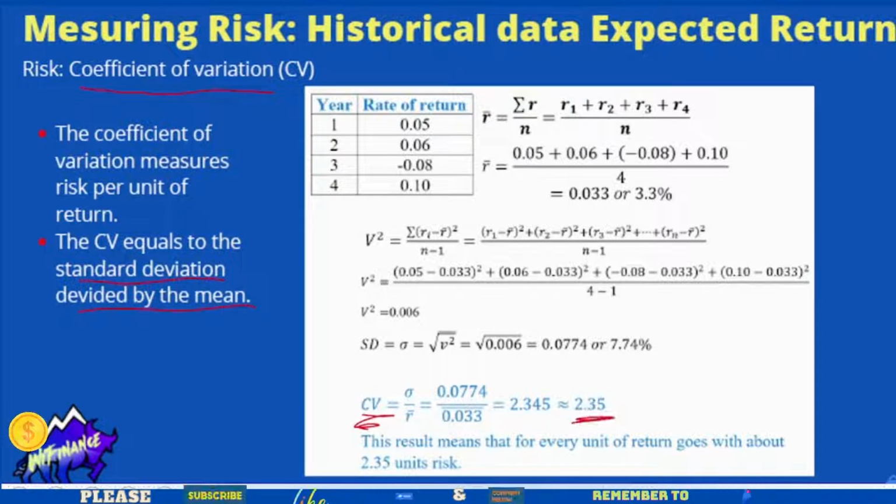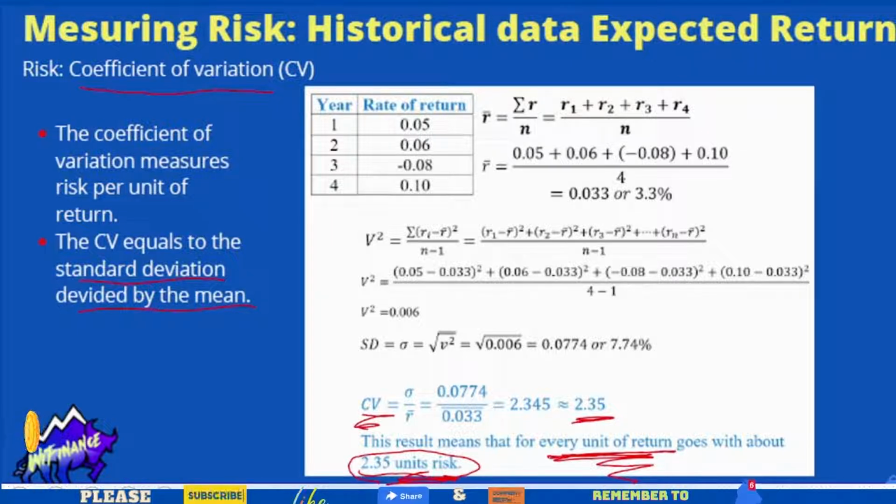So, by looking at the standard deviation concerning the mean, you are simply trying to calculate how much risk you face per unit of return. And in this example, you are facing 2.35 units of risk for each unit of return. The larger this number is, the greater your risk exposure for every unit of return that you are expecting.